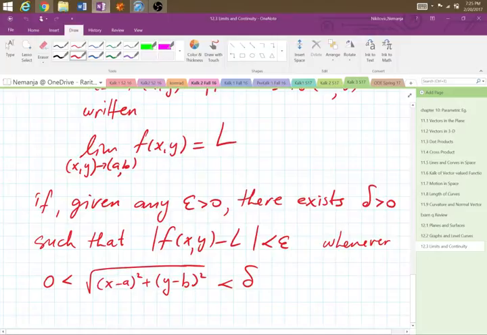I'll put the plane here, and then in the xy coordinate plane, I come up with a point (a, b).